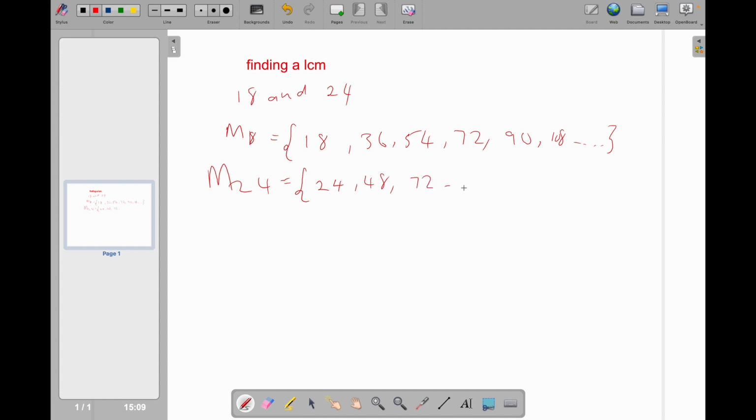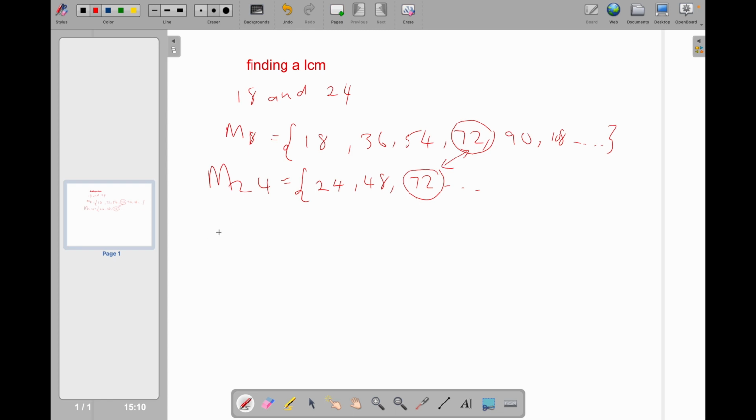72. Now if you look, there's no need for us to continue because we already see that we have 72 here and 72 here. We are looking for the lowest common multiple. So if we see the same number here and here, it means that is our answer.